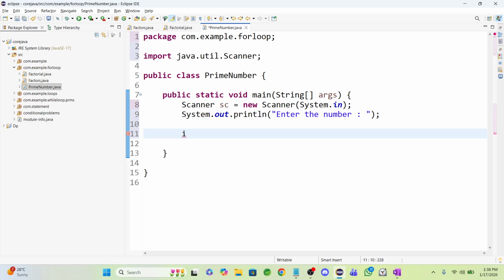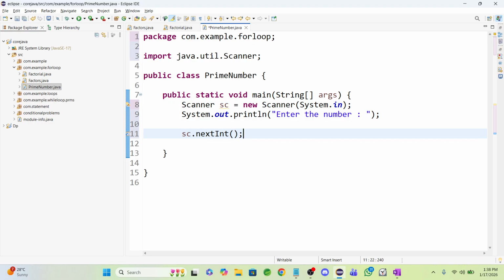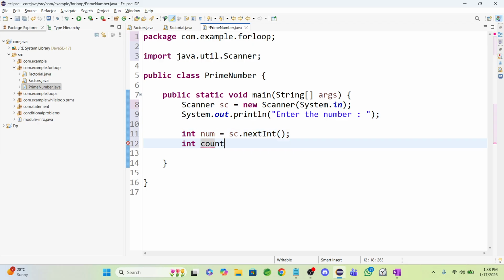Then take sc.nextInt and store that in a variable, that is num. After that, what variable do I have to take? Initially count equal to 0, the first initial state.